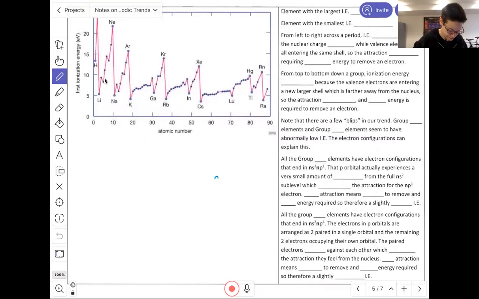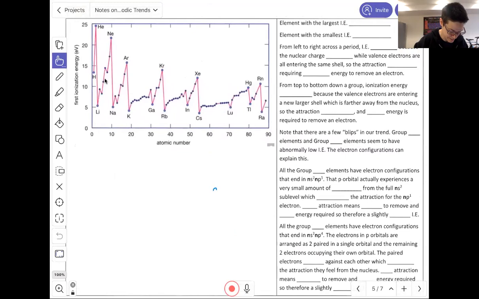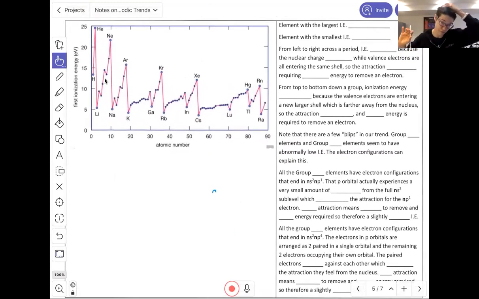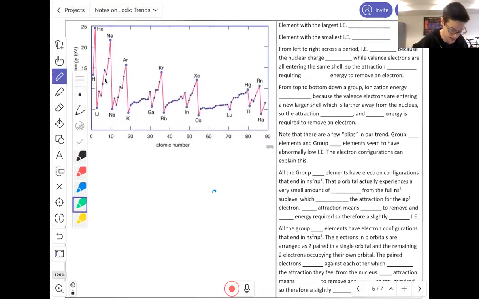Okay. So this picture is a little bit different from the others I've been showing you because it's not showing you the periodic table. It's showing you a graph of everything. But the thing you can tell very easily by looking at this is if you look at the highest values for all of these things, the top of all of these peaks, well, what elements are those?